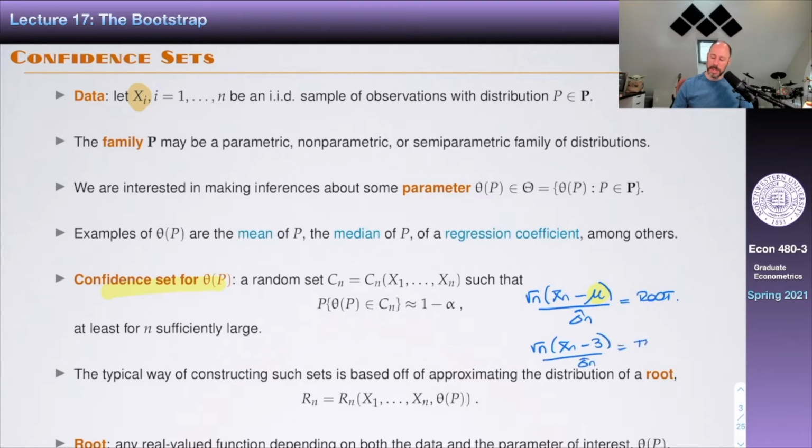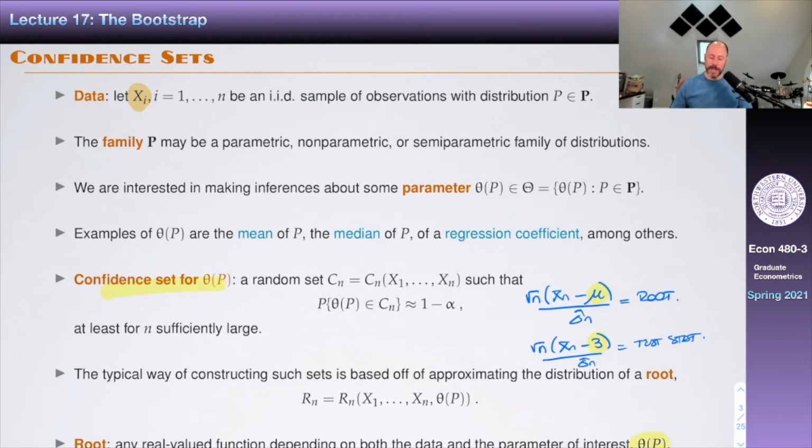So this is a test statistic where you replace the unknown parameter by a guess value, typically the value under the null hypothesis. If mu is equal to 0, you put 0. If mu is equal to 3, you put 3. So a test statistic is just a function of the data, whereas a root is a function of the data and the unknown parameter, which in our notation today is theta p.